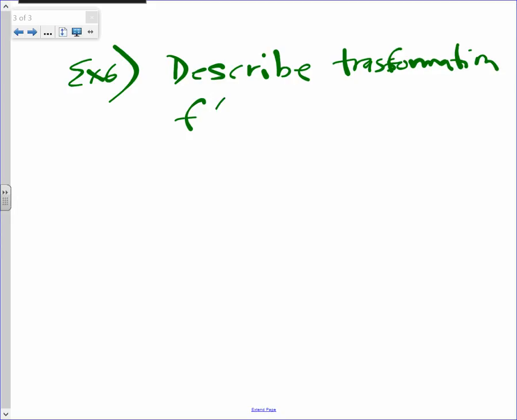f of x equals absolute value of x plus 8. So we're just writing sentences here. Just write the function, compare this function with the parent function.